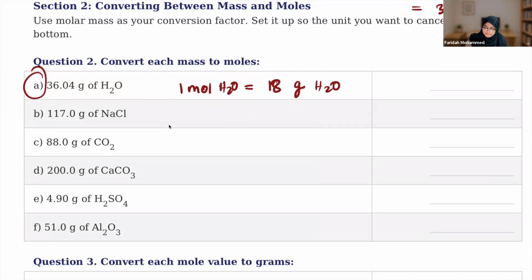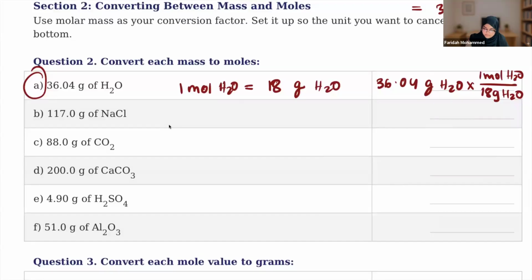So you want to take the equation of A, so 36.04 grams of H2O. And since it's grams, you want to put the 18 grams of H2O on the bottom. Good. And on the top? 1 mole of H2O. Good.